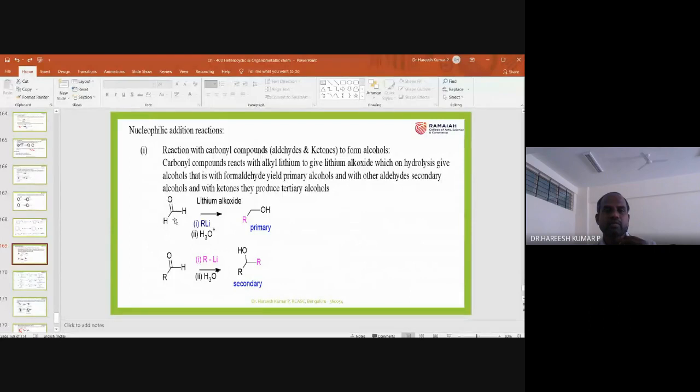This is a carbonyl compound, and this is also a carbonyl compound. What is the difference between these two? This is formaldehyde, HCHO. If R is present, then it's called an aldehyde, maybe acetaldehyde, propanaldehyde, butanaldehyde, or benzaldehyde, whatever it is. That means other than formaldehyde.